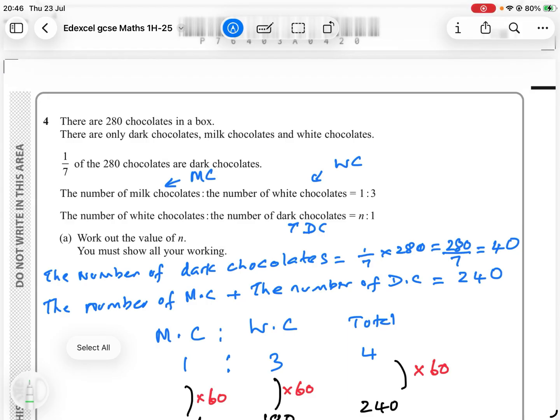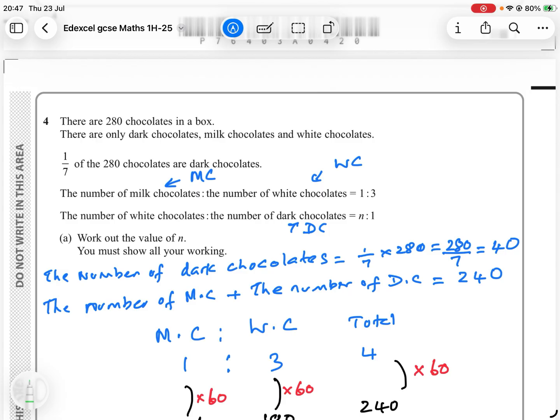Okay, I'm going to walk through question 4. There are 280 chocolates in a box. There are only dark chocolates, milk chocolates and white chocolates. 1/7 of the 280 chocolates are dark chocolates.